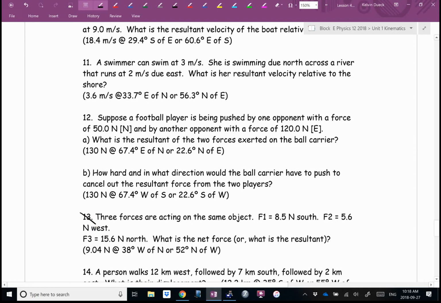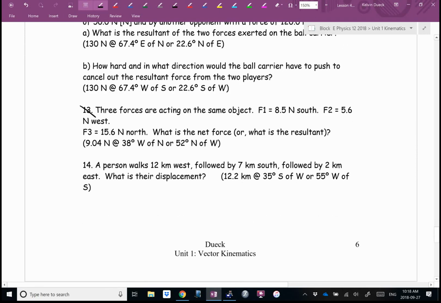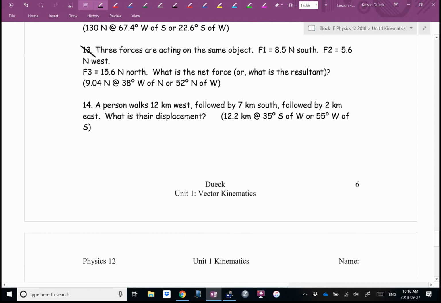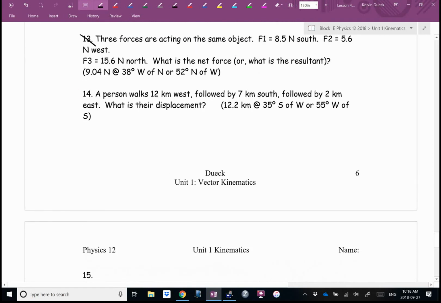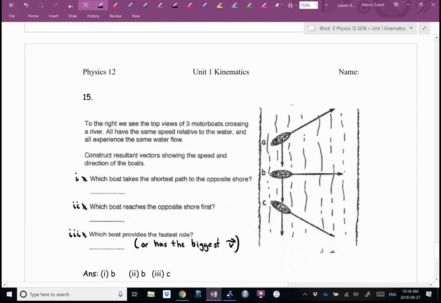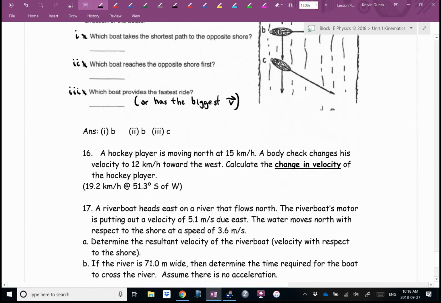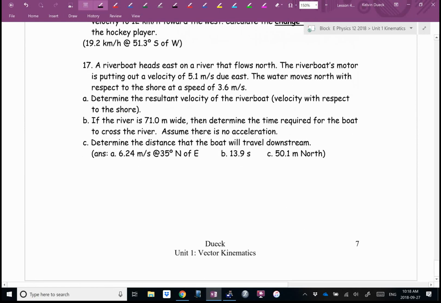I'm going to nuke 13. I'm going to skip 14. 15 is good. 16 and 17 are good.